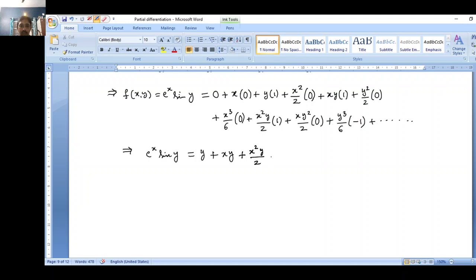And this is minus y cubed by 6, and this goes on. Of course, you cannot simplify this any further, so conclude that this is the required Maclaurin series expansion of the given function. Right? So this is exactly how you'll have to work out problems pertaining to Taylor's and Maclaurin's expansion.